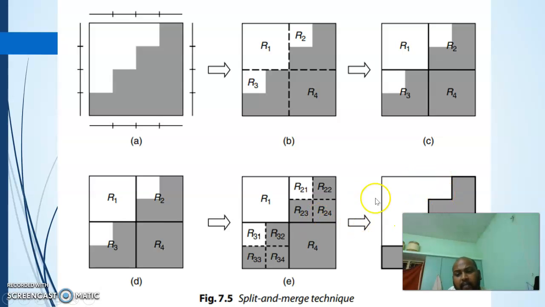After splitting, we compare with nearby quadrants. R1 and R2 are the same, so we merge them. R3 also has the same homogeneous property as R1, so it is merged with R1. The rest have homogeneity with R4, so they are merged. Now the complete image is segmented into two.